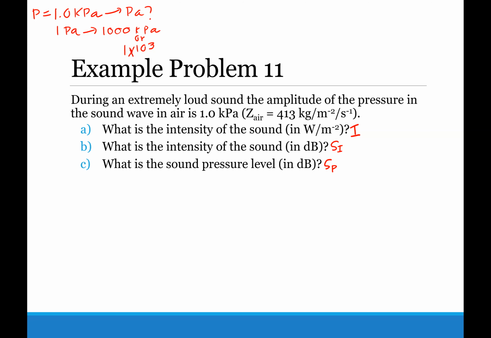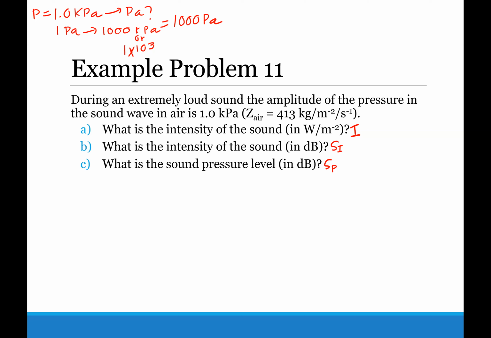And so if you do this the long way and convert this, you will find that there are 1,000 pascals. So we know that pressure is 1,000 pascals after converting.